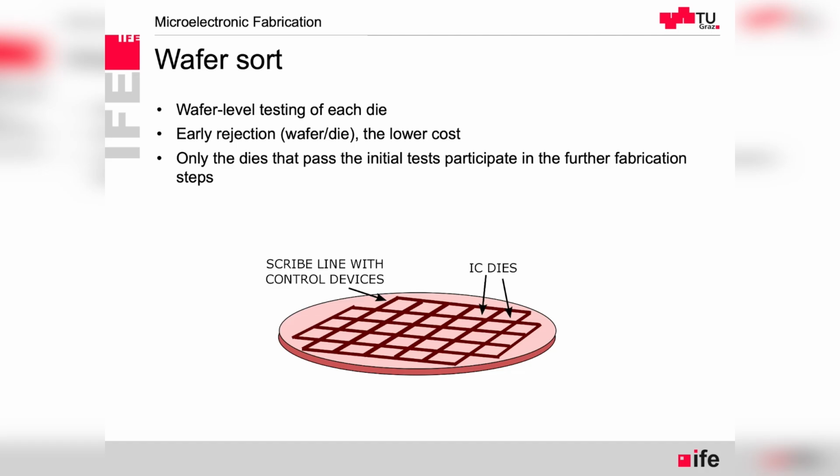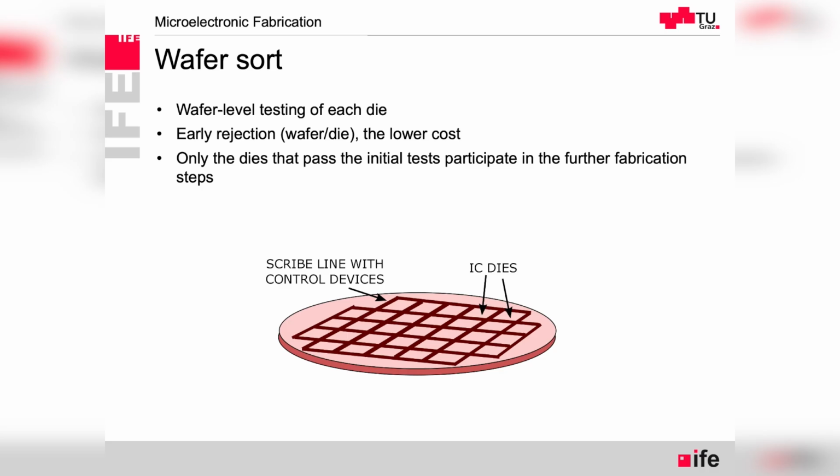This is the so-called scribe line. This is like a peripheral part of the wafer, which is a waste part, because later a saw is going to run through it. But still, it has a width of a few micrometers where we can put control devices.